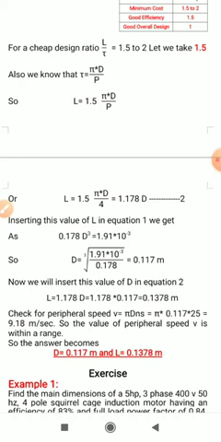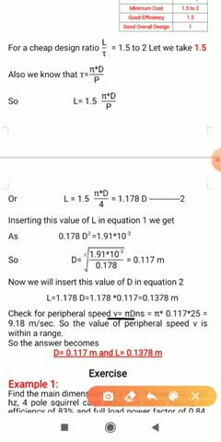And as we know, the peripheral speed V is equal to pi D into ns, so we will just insert here pi into 0.117 into 25. So 0.117 is D and 25 is ns. If you calculate here, the value of the peripheral speed is 9.18, which is below 30 meters per second.